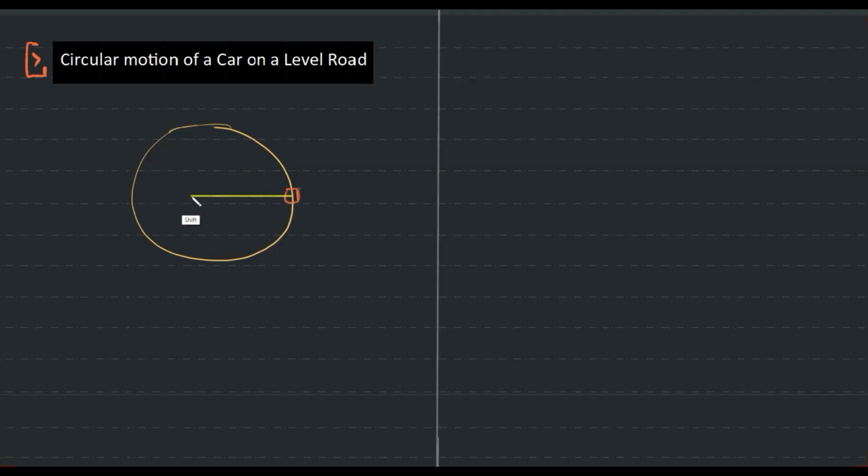This road has a center and the radius is r. The car is accelerated towards the center because of friction. The source of this is basically the frictional force, which is pointing inward.